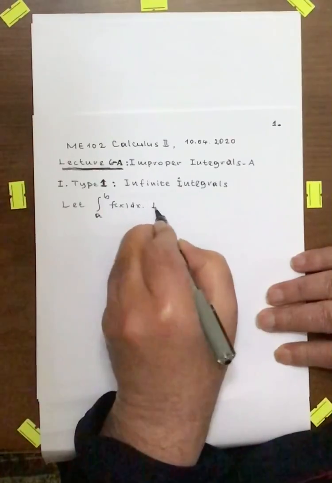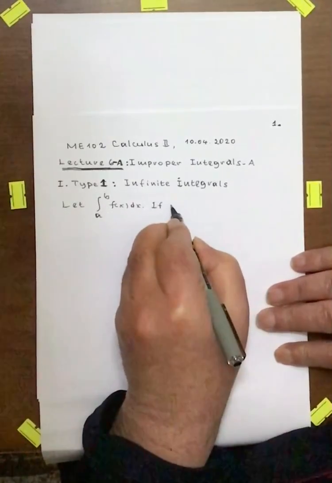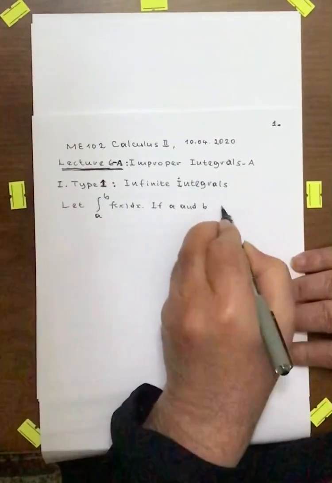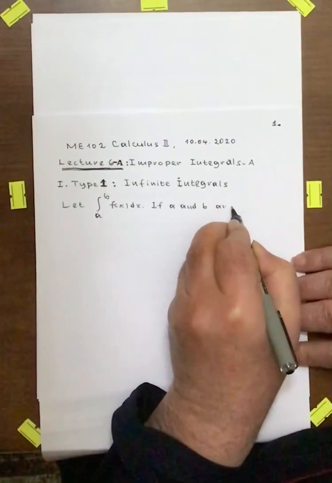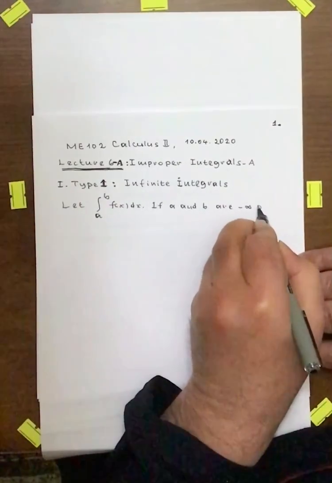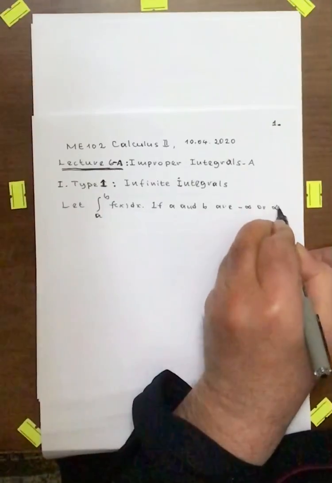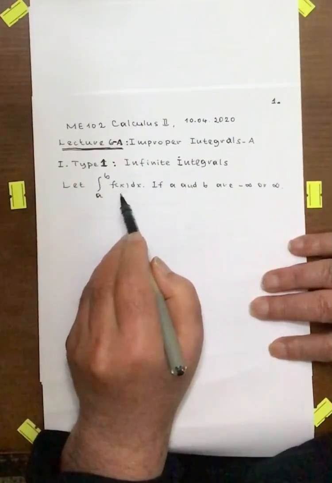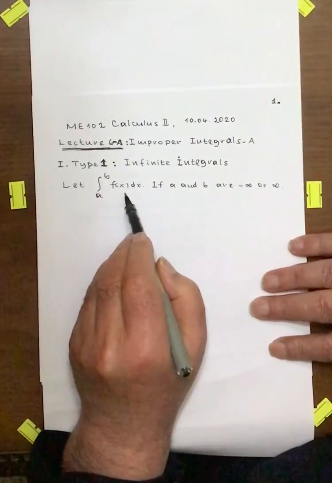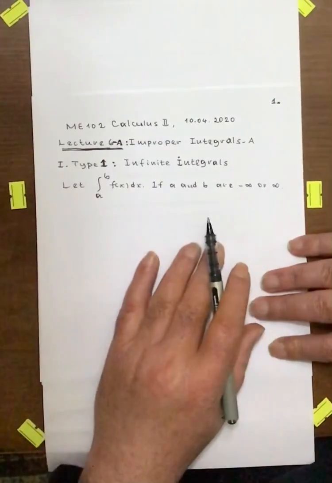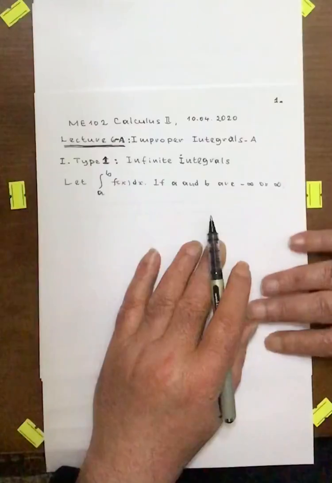If a and b are minus infinity or positive infinity, then we call this type of improper integral infinite integrals. Okay?